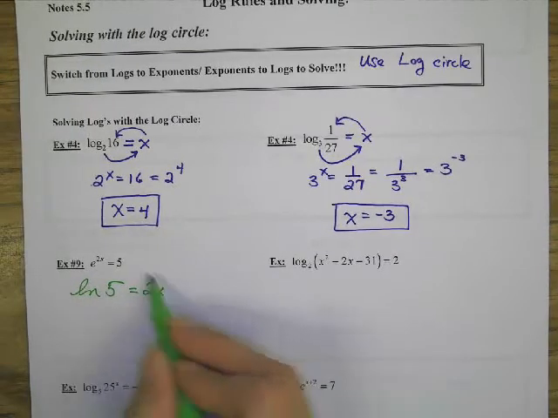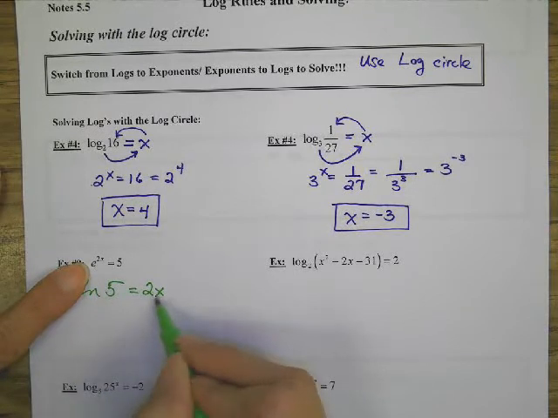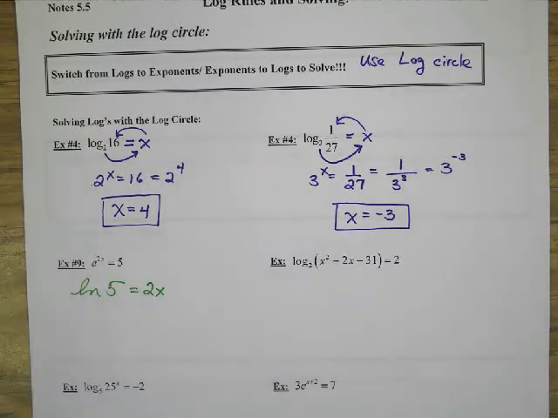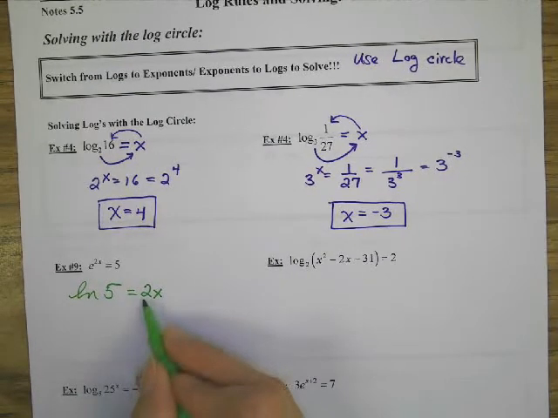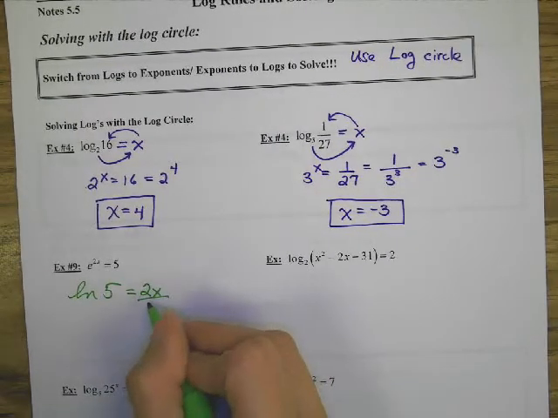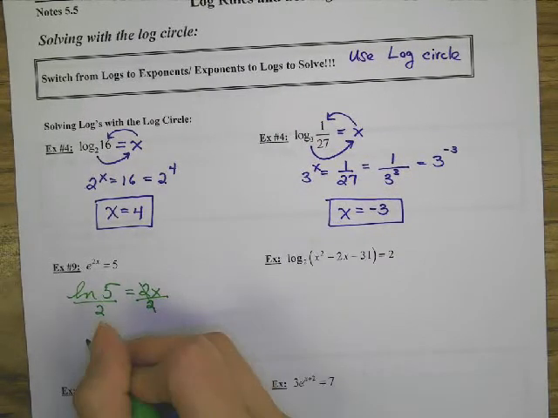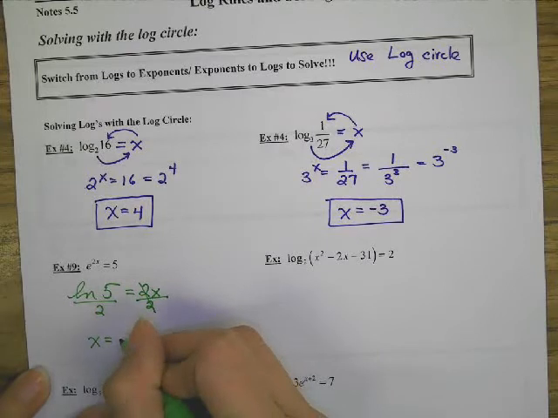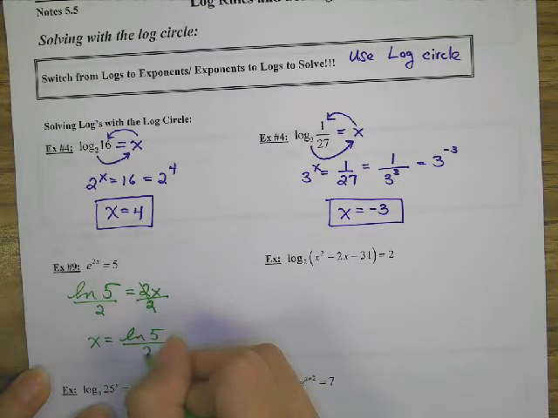Let's just do a quick log circle to make sure I set this up the right way. e to the power of 2x. Yep, that log circle's working. I almost have x alone. I'm trying to solve for x. If I just divide this side by 2 and this side by 2, then I'll have x. x equals natural log of 5 over 2.